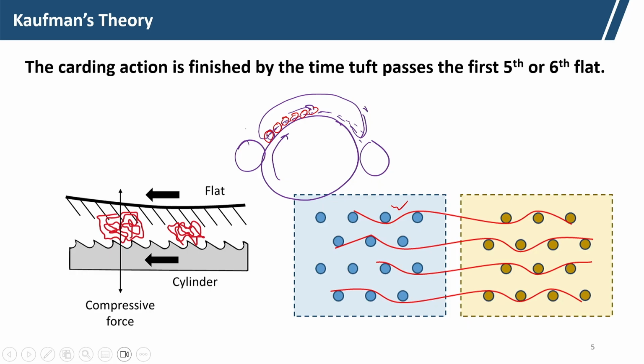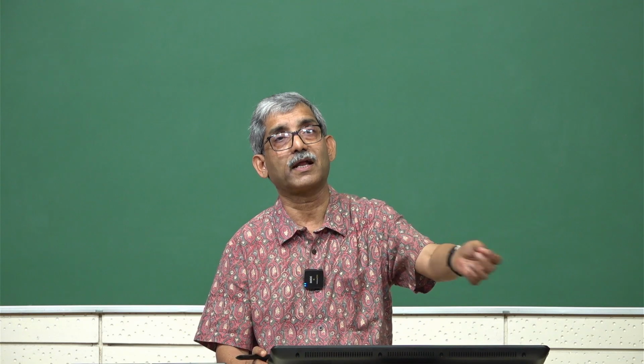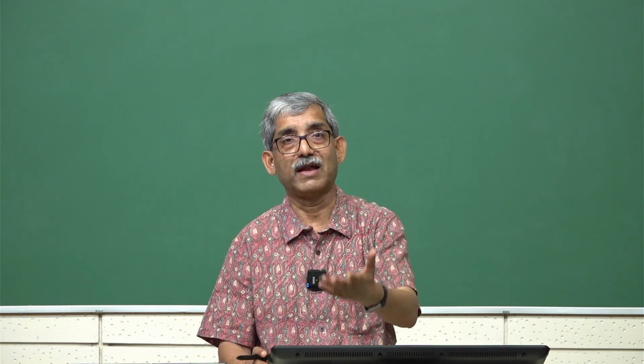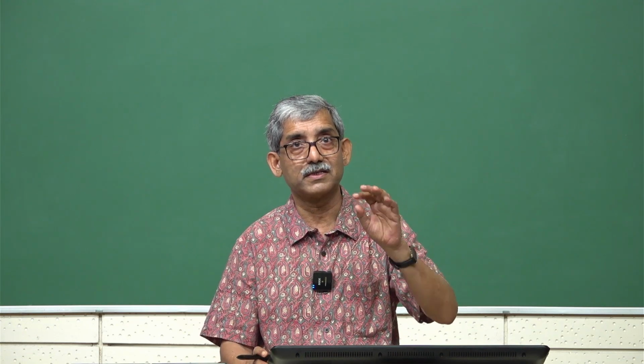It enters from this zone, and by the time it reaches the 5th or 6th flat, the carding action is completed. After that, the fibers are carried by the cylinder, and short fibers are carried by the flat. So, that is the system.